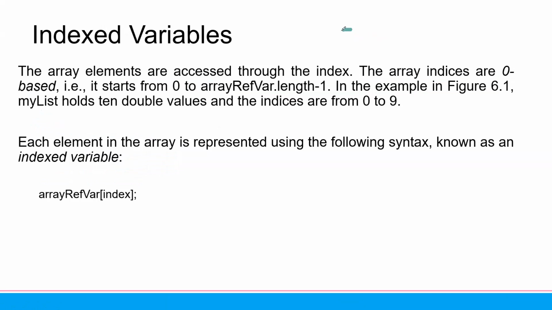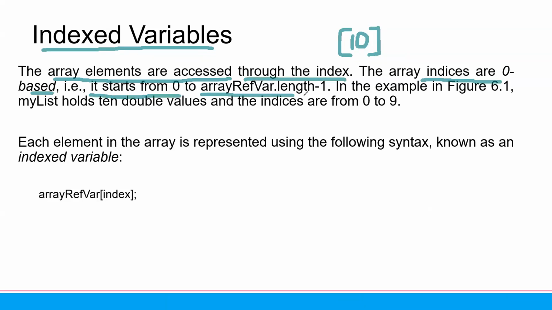When you define the array with the square bracket, if you mention with the 10, it means this is the array size. However, we can index variables. It means we want to access the elements. Okay. So the array elements are accessed through the index. And the array index are 0 base. It means it is starting from 0 and the array will be until length minus 1.